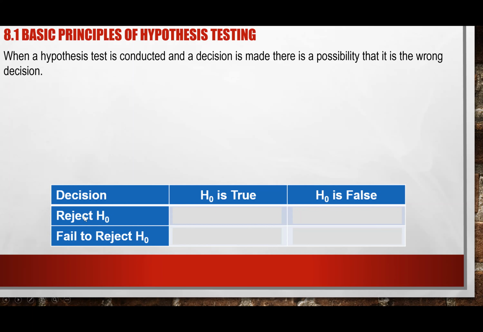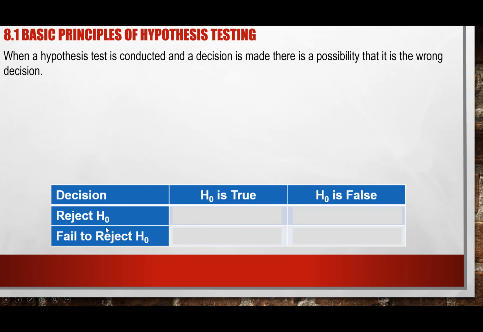Like I mentioned, your decision is you reject, you throw the H naught out, or you fail to reject the H naught, meaning you cannot throw the H naught out. So you either reject or fail to reject. And then the actual reality, the real result, is that the H naught is true or the H naught is false, right?